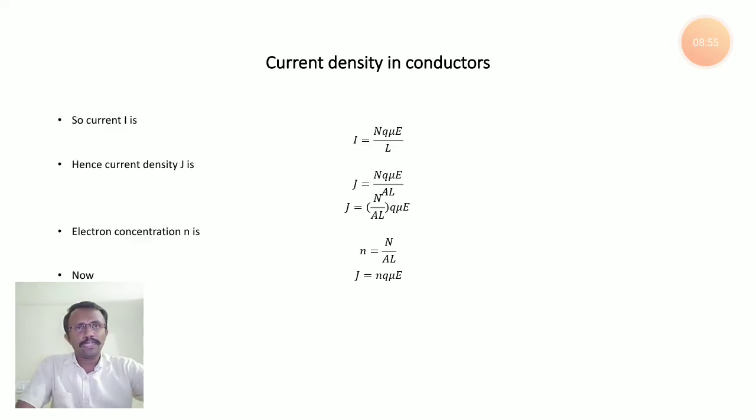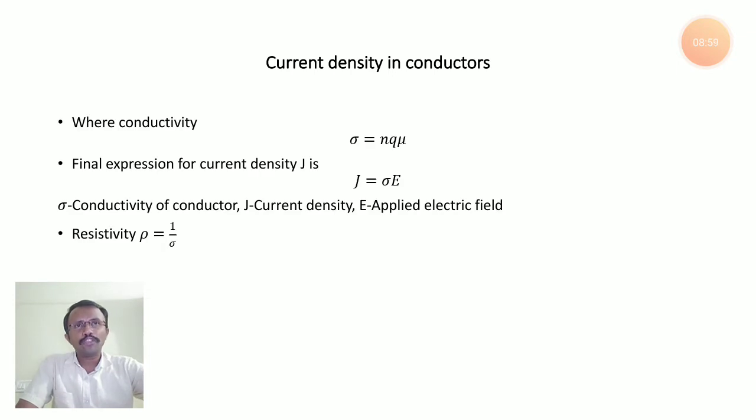Next we define one more term, that is the conductivity of the conductor. In J we have nQ mu into E. The nQ mu is nothing but the conductivity of the conductor. To calculate conductivity, we should know the electron concentration, the charge of the electron, and the mobility of electrons.